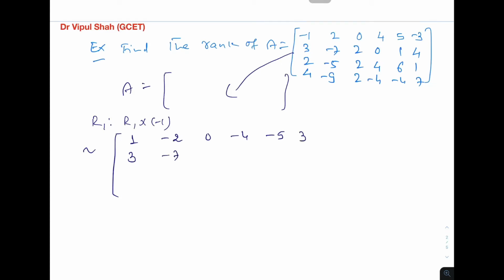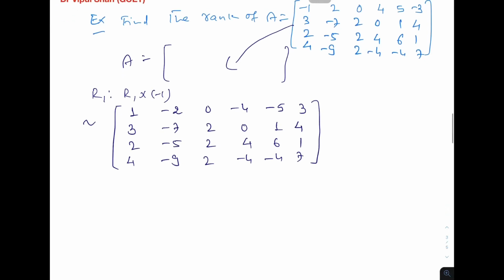Then 3, minus 7, 2, 0, 1, 4. Then 2, minus 5, 2, 4, 6, 1. Then 4, minus 9, 2, minus 4, minus 4 and 7.